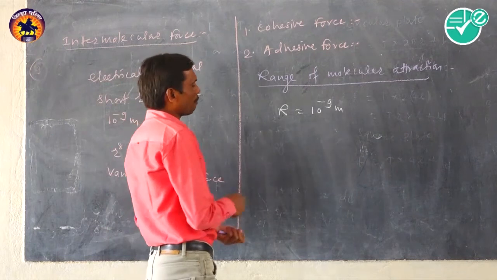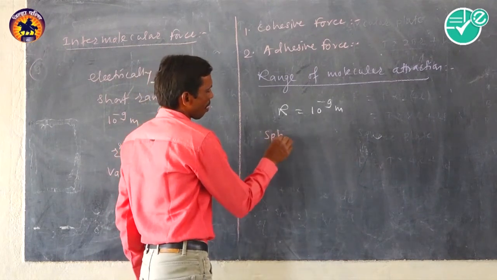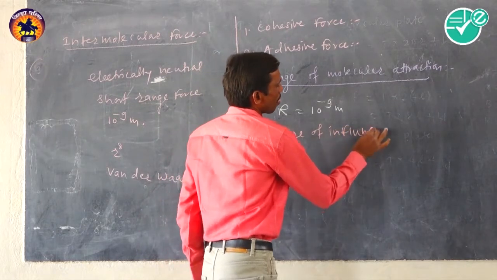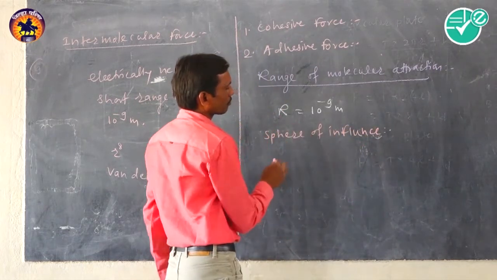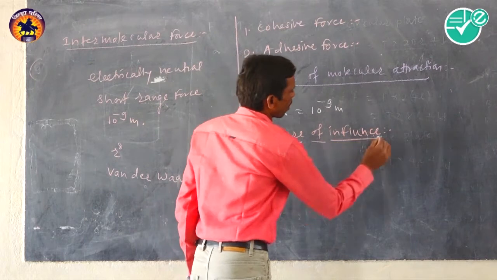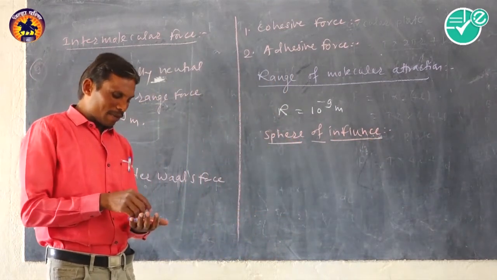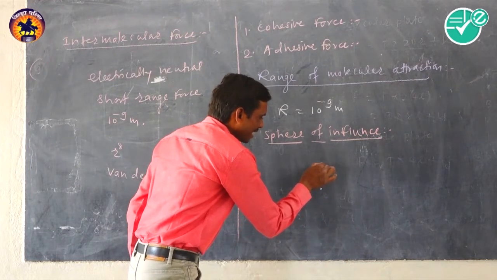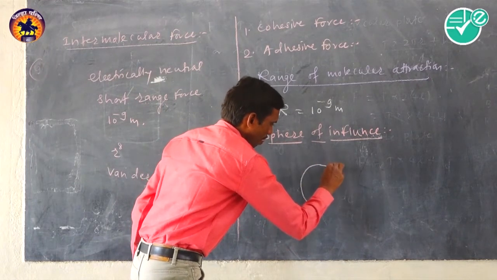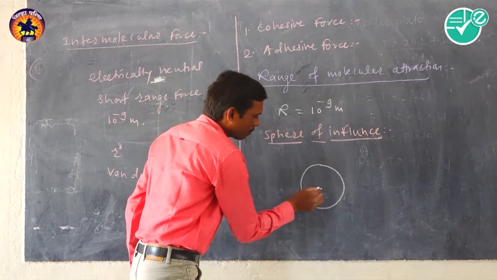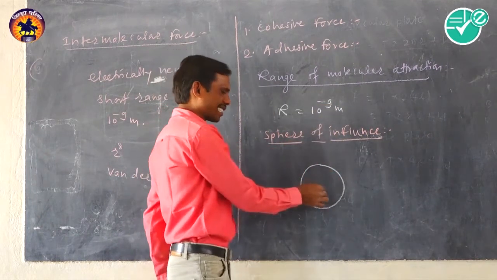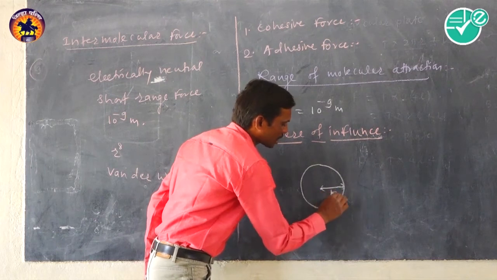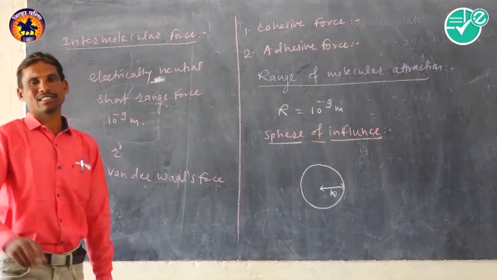Then, sphere of influence. The sphere of influence is the imaginary sphere drawn around a molecule as a center, whose radius is equal to the range of molecular attraction.